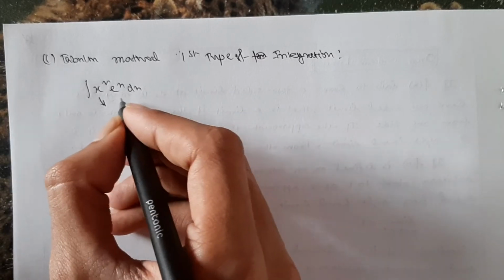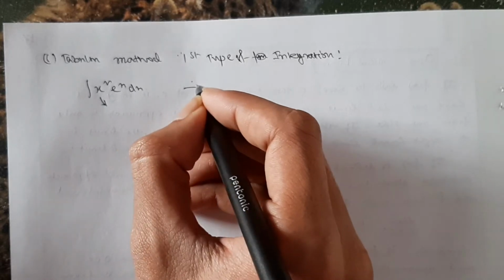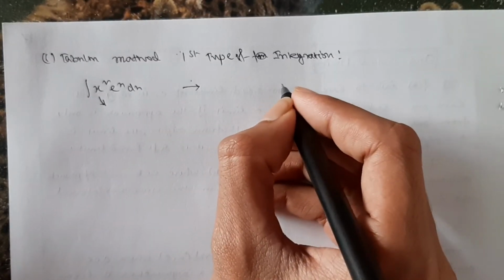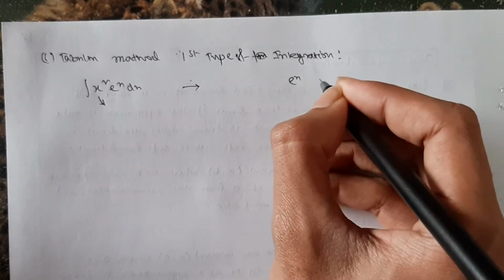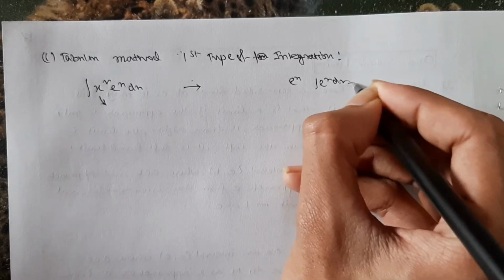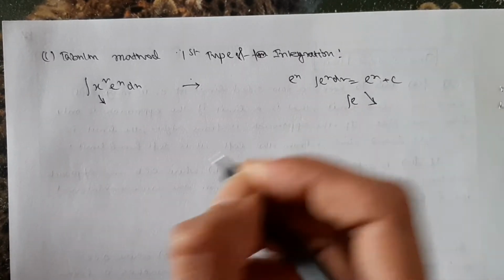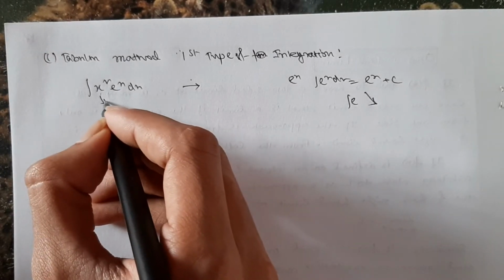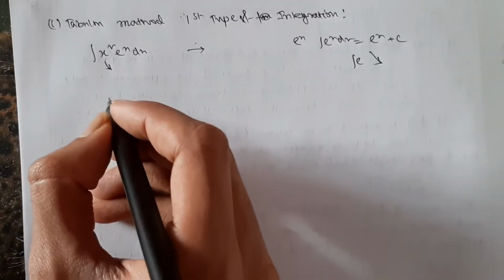At first, I say that a function can be reduced to 0 by differentiation, and e to the power x can be repeatedly integrated: the integral of e to the power x dx is e to the power x plus c. And the first function can be repeatedly differentiated to reduce to 0. So we can use this tabular method.